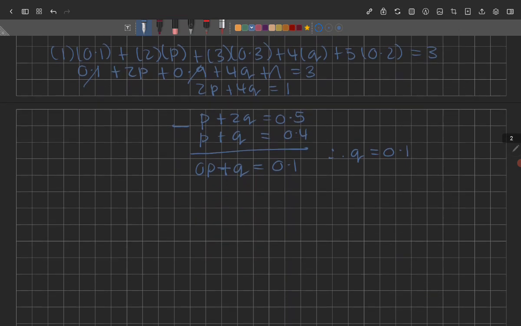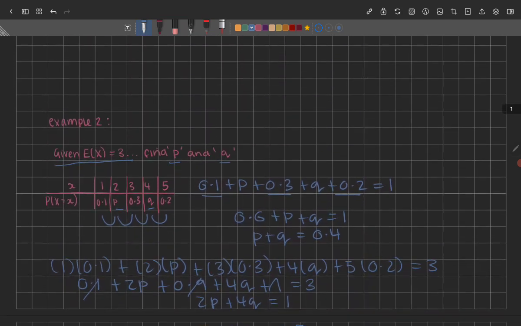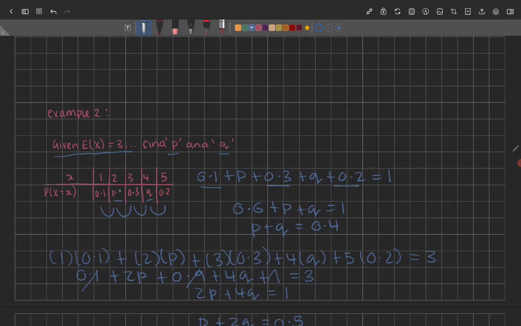We can substitute q equals 0.1 back into this equation here. So p add 0.1 is equal to 0.4. Therefore p is equal to 0.3. And we can verify this by ensuring that when we sub in p and q, the probabilities add back up to 1.